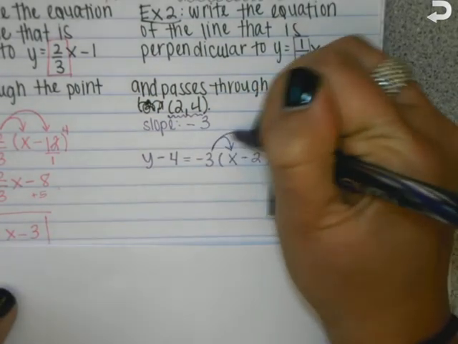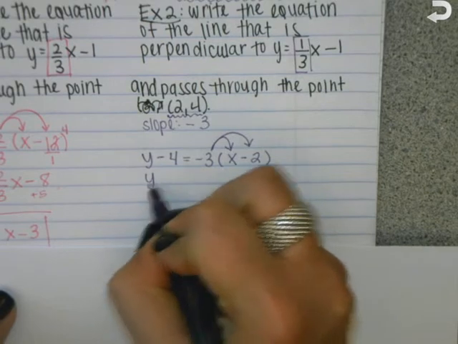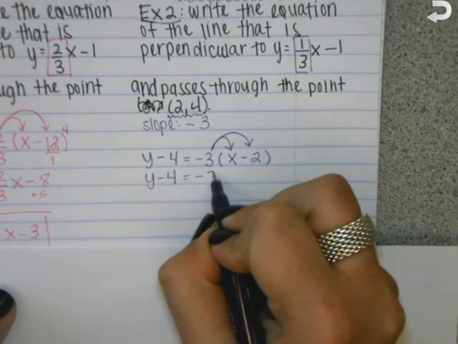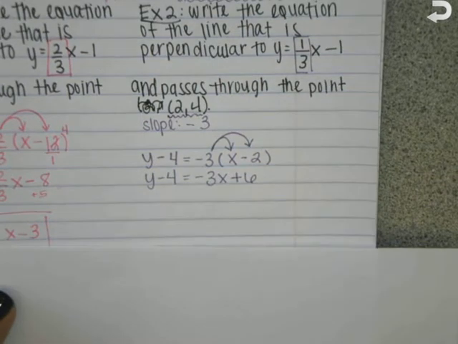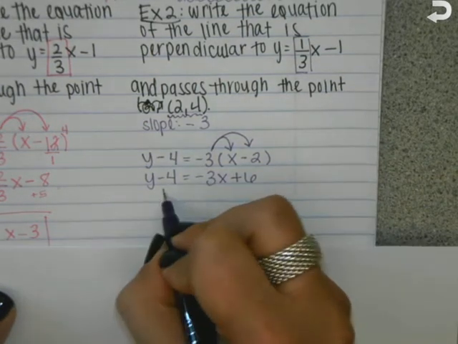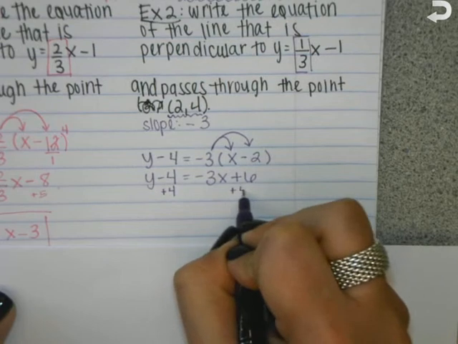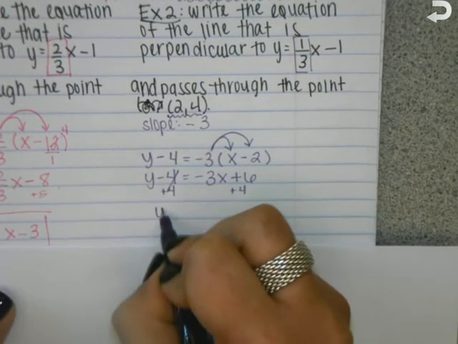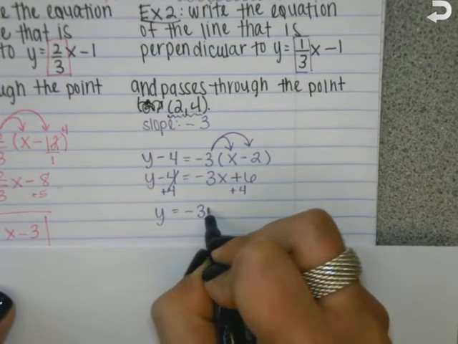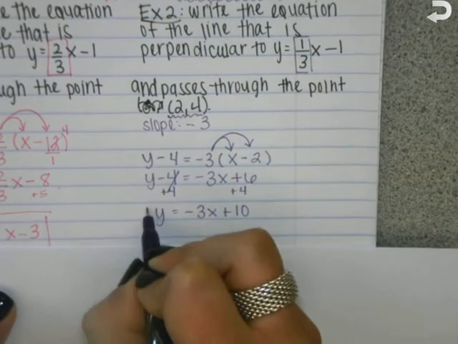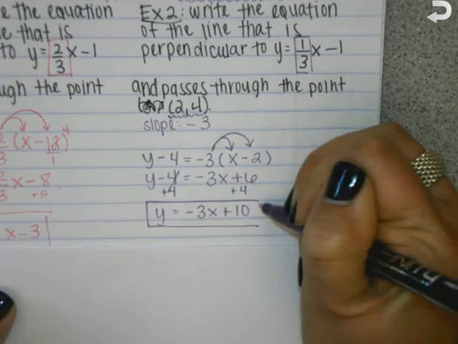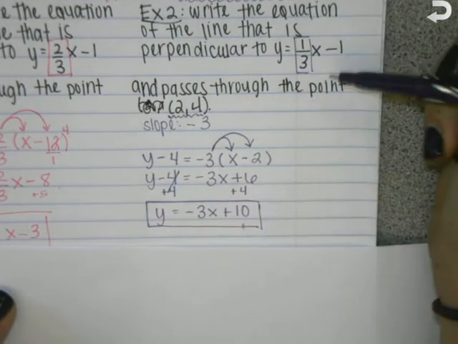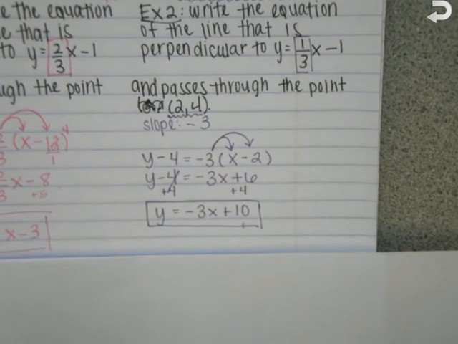So distribute, equals -3x plus 6, and then add 4 to both sides. So y equals -3x plus 10. So this line is perpendicular to the line that I gave you, 1/3 x minus 1.